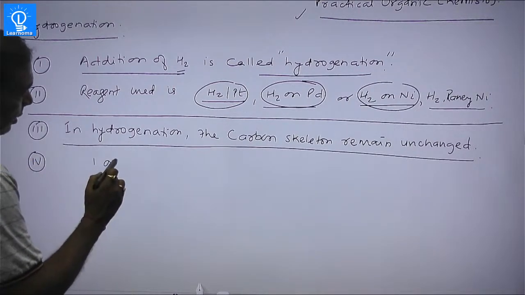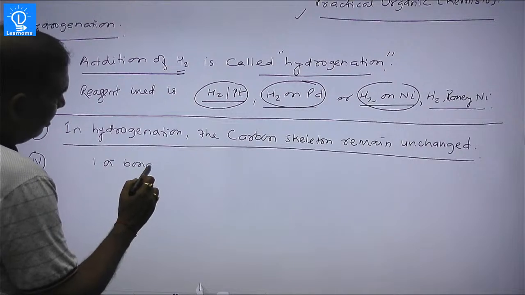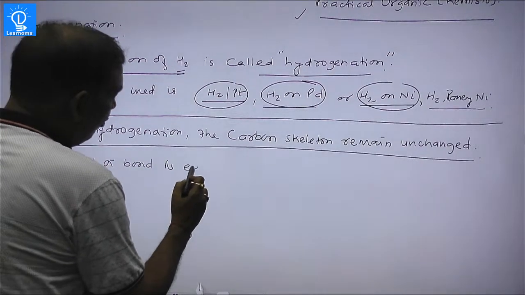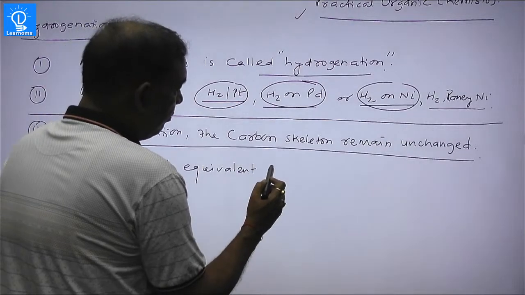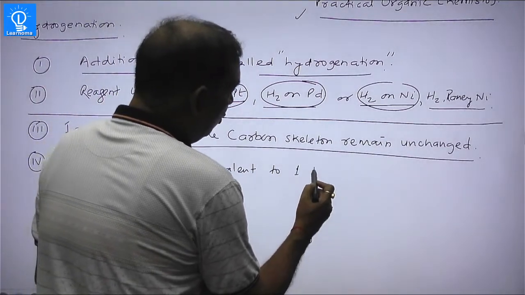One pi bond is equivalent to one H2 molecule.